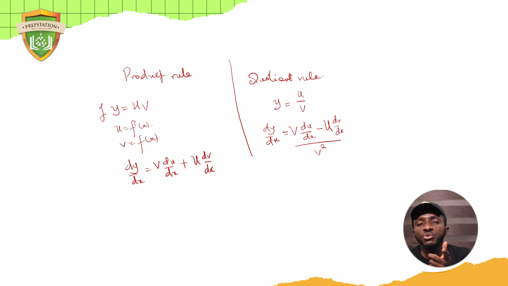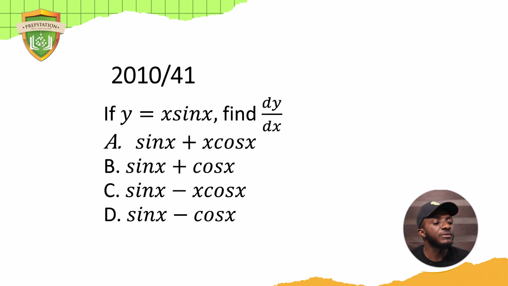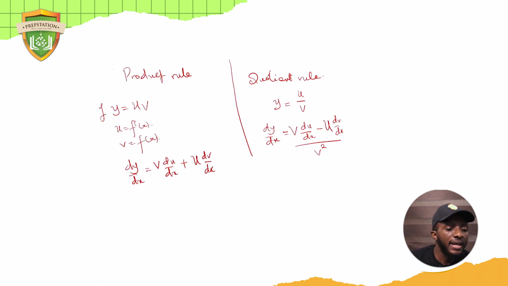Now, let's try to solve the question we have with us, y is x sine x. We should find dy dx. I am going to erase everything on my board now. So the question is, y is x sine x. If you look at this, there are two functions of x. This is one, and sine x is another. So we're going to use the product rule, since they are multiplying.